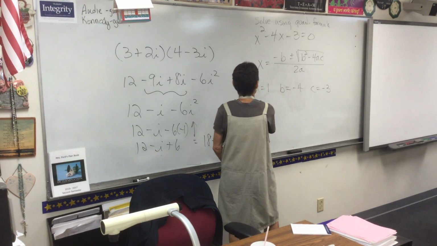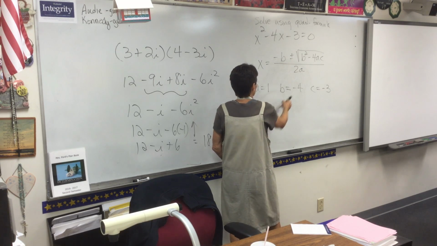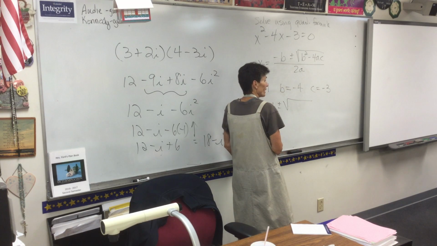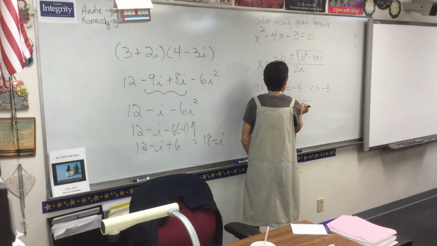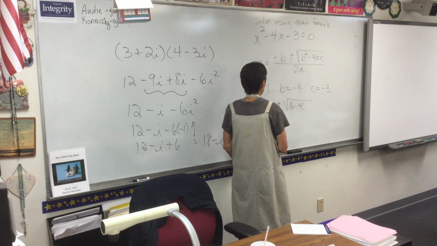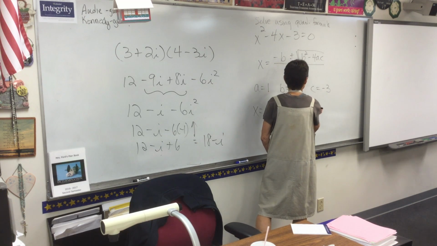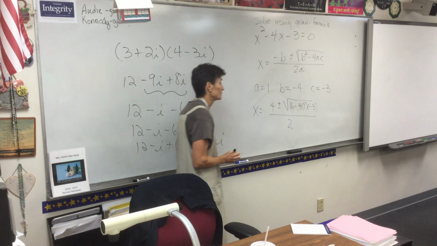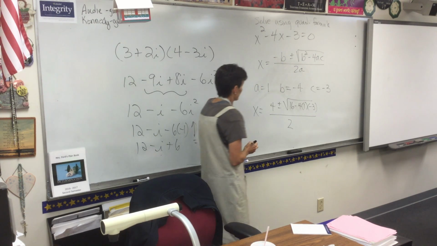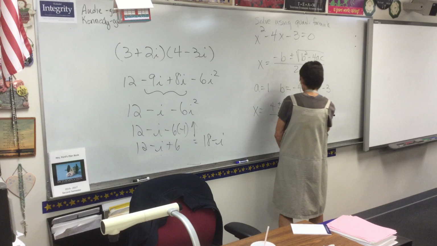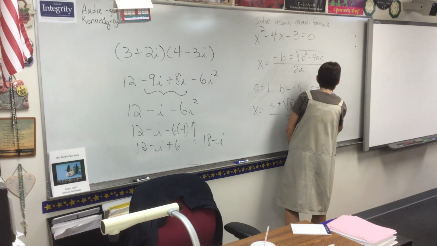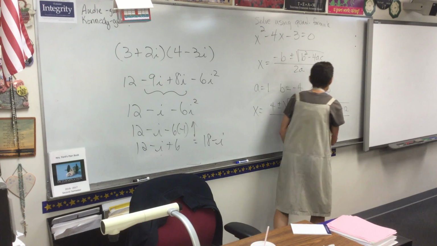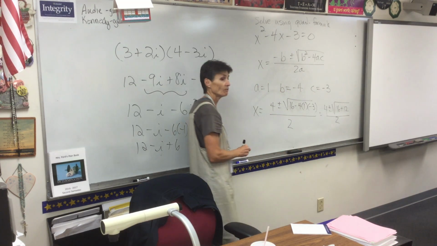So here we go. x equals 4 plus or minus the square root of 16 minus 4 times 1 times -3, plus 12. So that is 4 plus or minus the square root of 16 plus 12. Everybody get the positive 12 there?